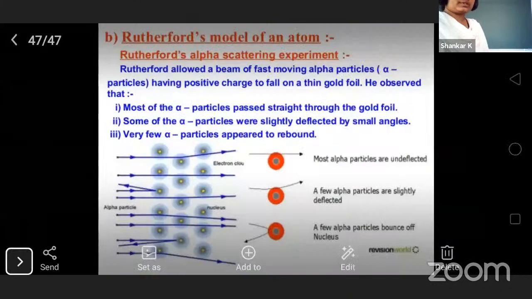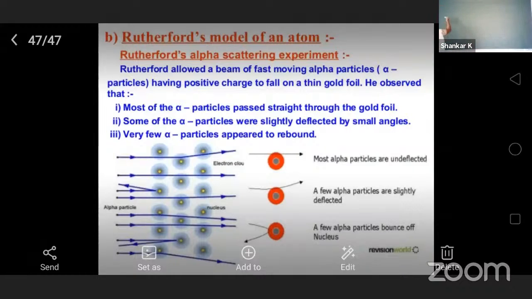So, Rutherford's model of an atom we have discussed, right? Yes, ma'am. The structure of an atom. So, Rutherford's atomic model, what we have discussed.